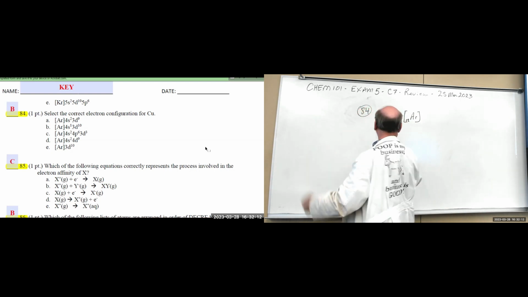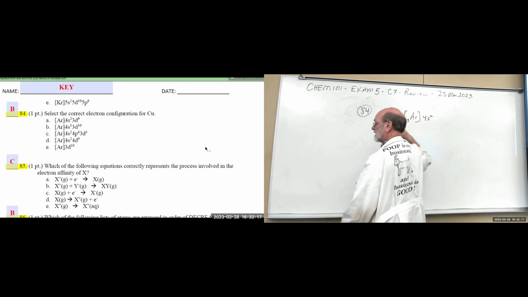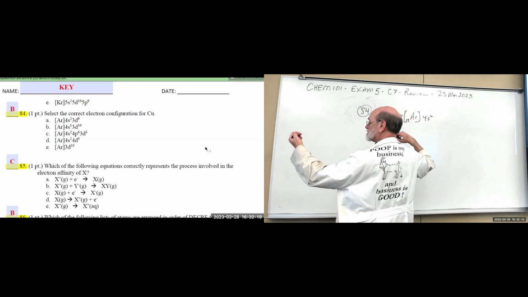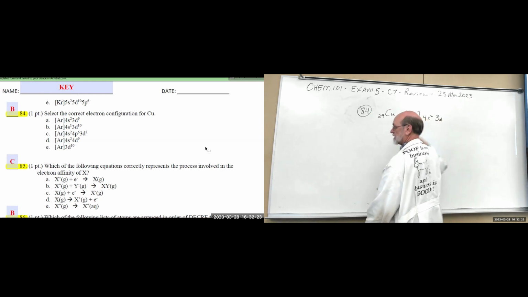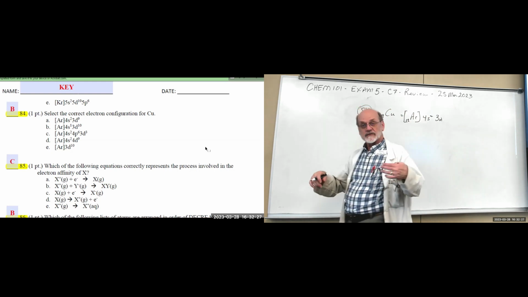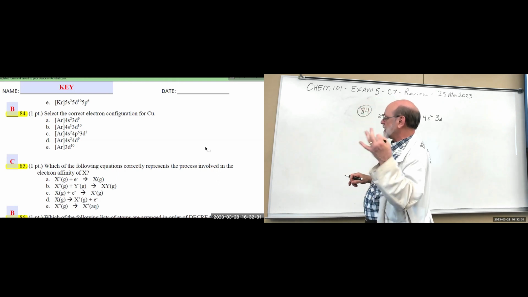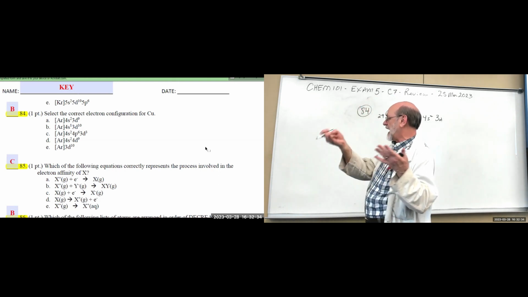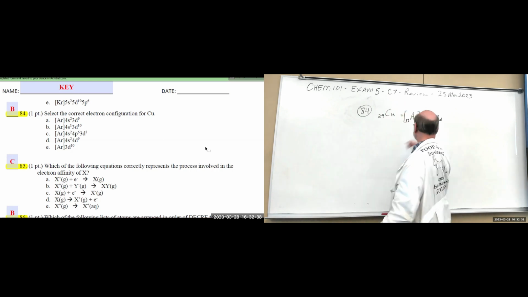Now we're down to 4s. And then we come across to 3D. So how many do we go to get to copper from 3D? Well, we just count across, right? Scandium, titanium, vanadium, chromium, manganese, iron, cobalt, nickel, copper. That's 9.